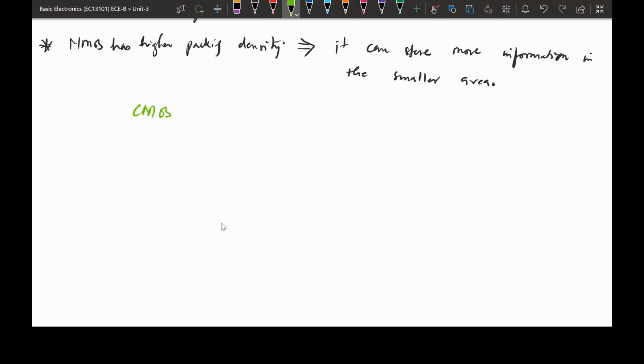CMOS is basically made up of PMOS as well as NMOS. Any IC or circuit that is made up of NMOS as well as PMOS is called CMOS, that is, complementary MOSFET.